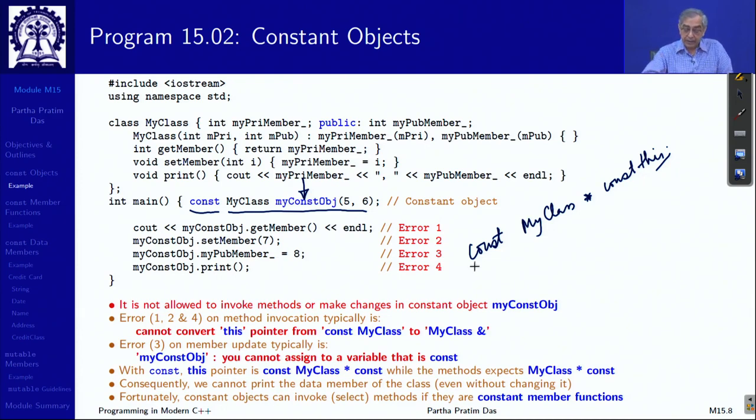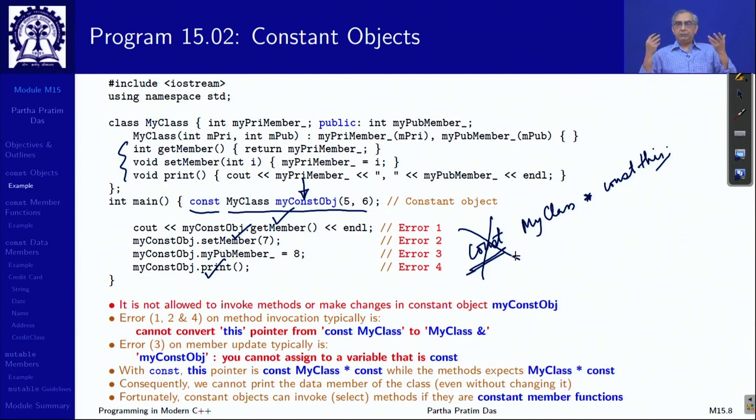So, this pointer has changed with this const, whereas these member functions that you have written, whether it is a get member or a set member or print, all of these expect a this pointer which does not point to a constant object. You would ask why is get member not working?